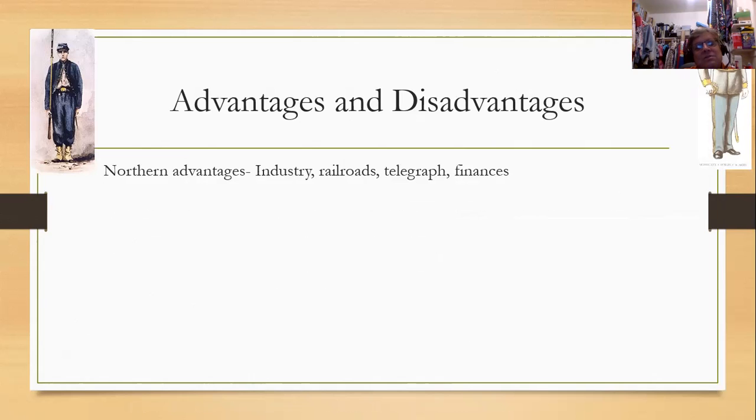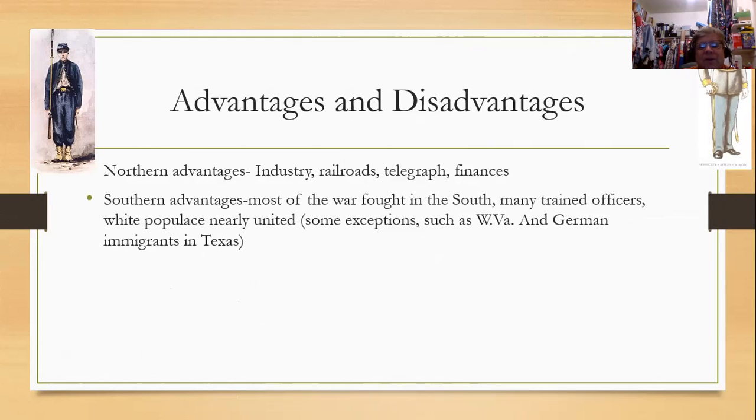The North has some significant advantages. They have more industry, more railroads, more telegraphs. Actually, telegraphs and railroads follow the same line, and these strengths are weaknesses in some areas because they only go where the lines are built. The North had a better financial structure. The Southern advantages: most of the war was fought in the South, and they already had trained officers.